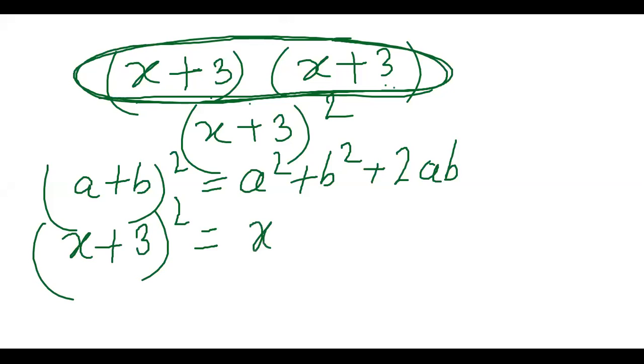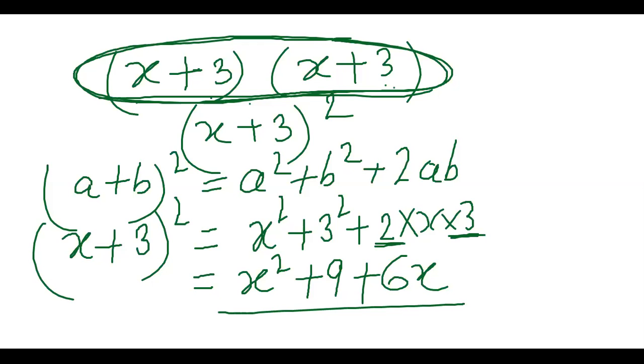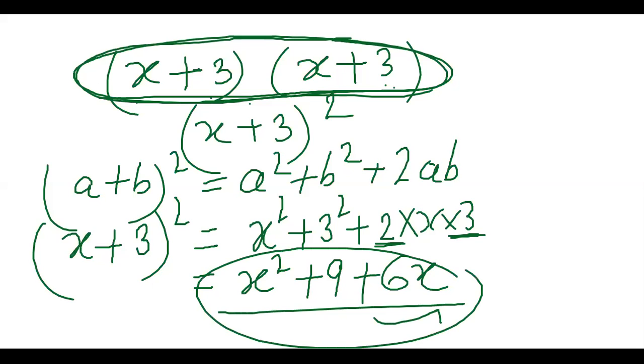So x square plus 3 square plus 2 into x into 3 is equal to x square as it is, 3 square 9 plus constants will be multiplied here also 6x. So this is our answer. If we directly multiply (x plus 3) by (x plus 3), then also we'll get this answer. If we use identity and find the answer, then also we'll get the same answer, right?